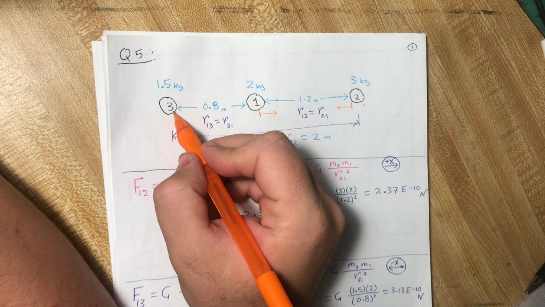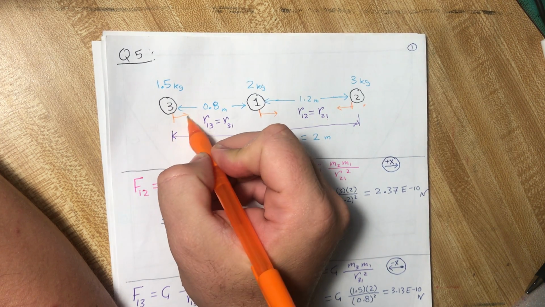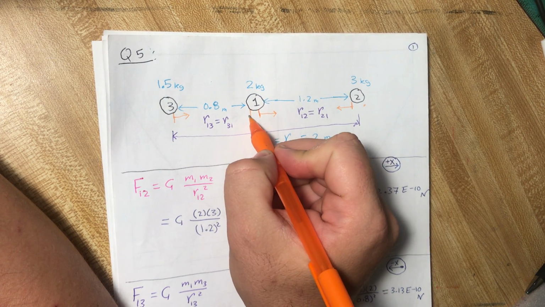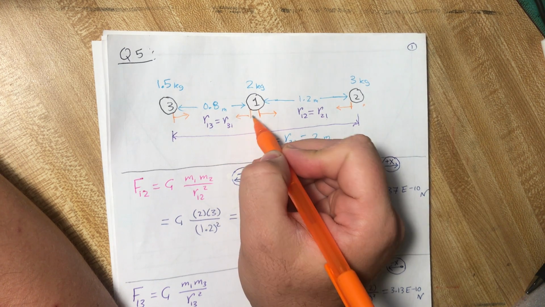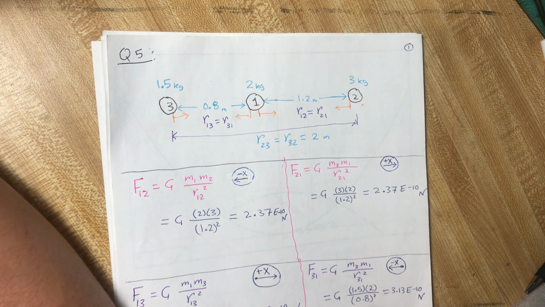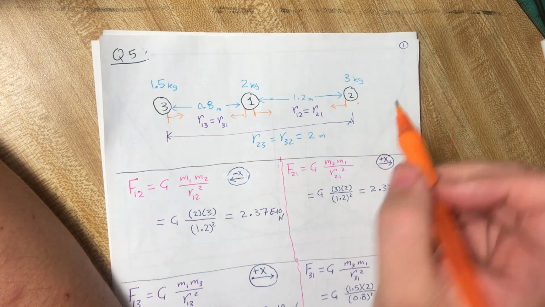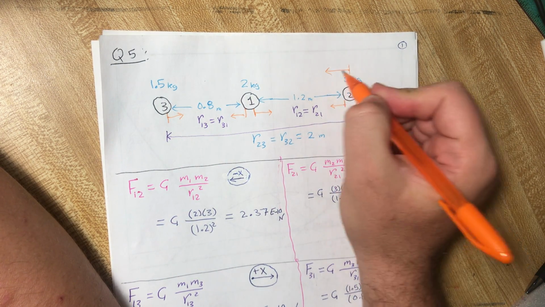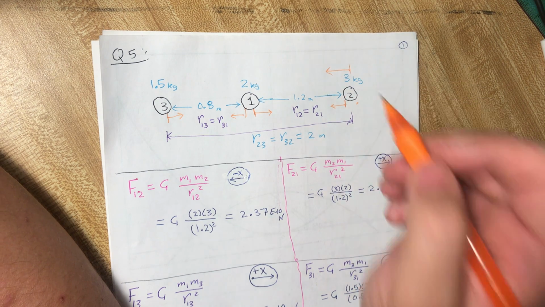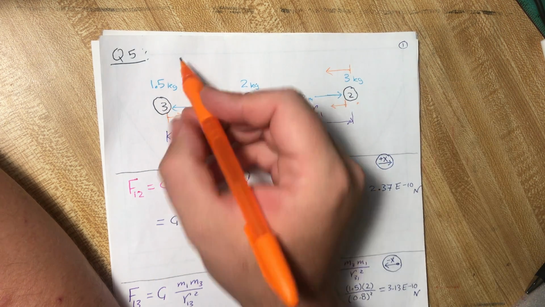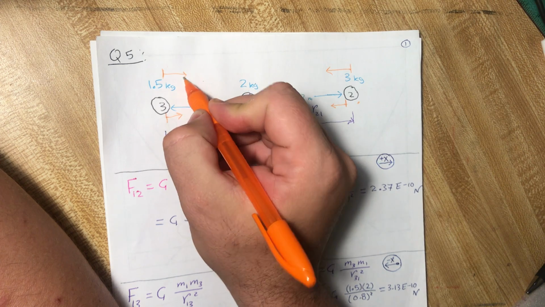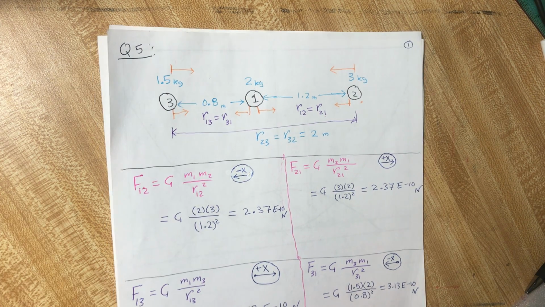The first one attracts the third one in this direction, and vice versa, the third one attracts the first one in the negative x direction also. The third object attracts the second object in the negative x direction. The second object attracts the third object in the positive x direction, okay?